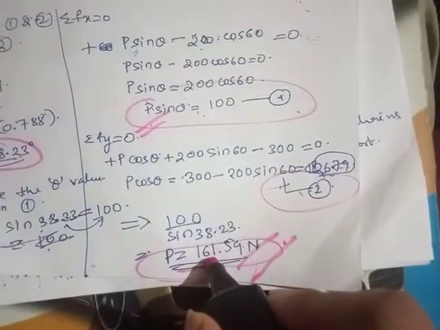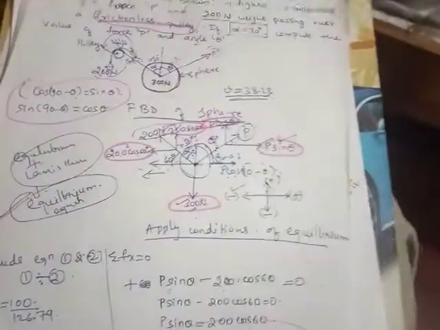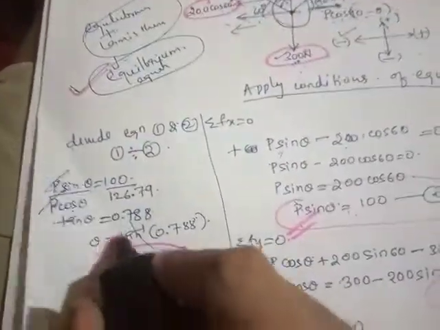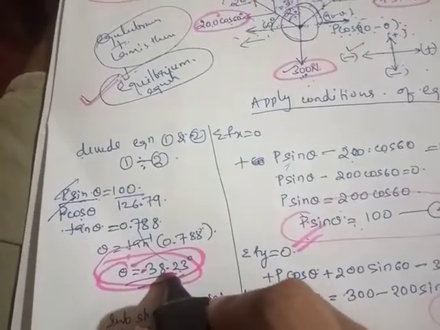So we found P, which is 161.59, and the angle theta, which is 38.23. Finally we found the values of P and theta.